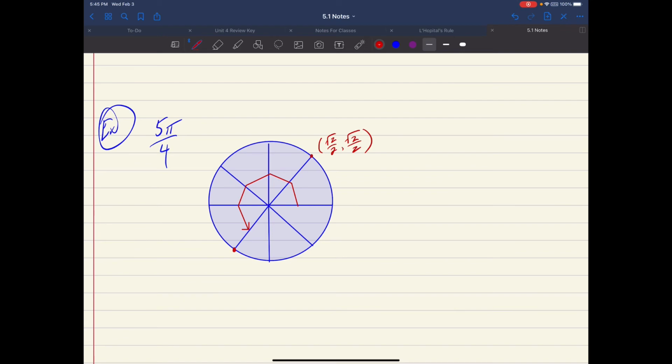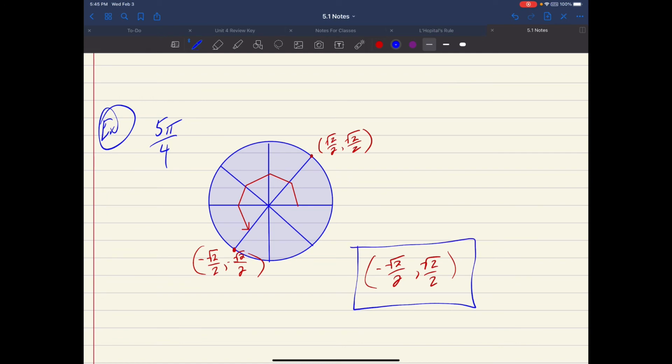In this quadrant down here, the x is negative and the y is negative, but the numbers are the same. So it's negative root 2 over 2, and negative root 2 over 2. Like I said, for now, you're going to be referencing that filled out unit circle over and over again.